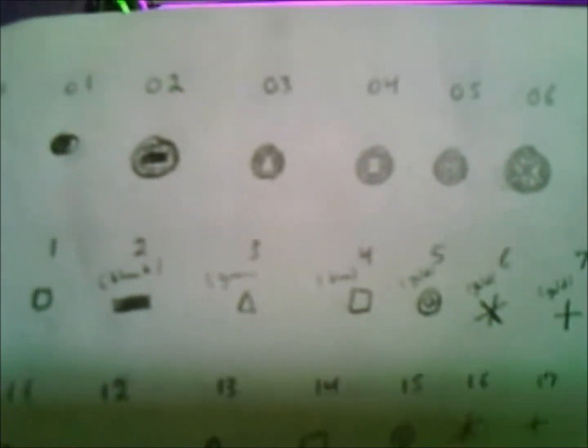So as an example, let's just look at this 2 real quick. If you can see, the 2 is a black horizontal stripe, and a 02 is a black horizontal stripe surrounded by a black ring. So basically, to me, a 0 is a black circle. A 00 is a black sphere.